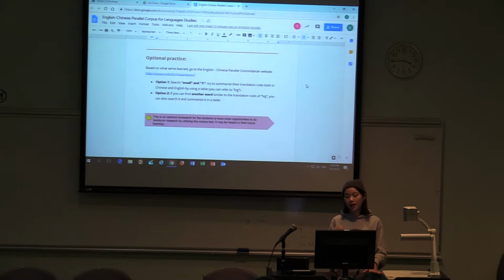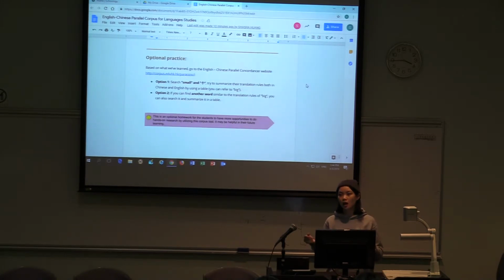they can choose another word they like, because we want our students to use the knowledge they learned in class after class, and to try it by themselves, because I think this is a good way for them to internalize the knowledge.